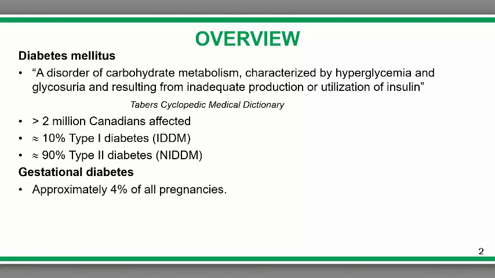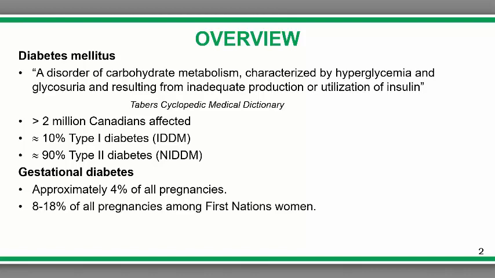And this is diabetes mellitus that meets the same criteria as type 1 and type 2 in terms of the definition, but this occurs as a result of pregnancies. And although the statistics do vary somewhat, it's estimated that approximately 4% of all pregnancies develop gestational diabetes.